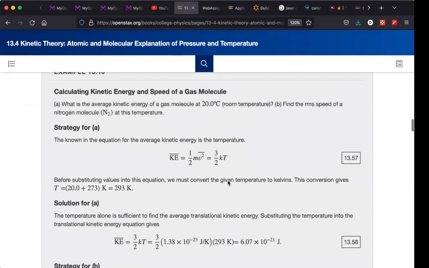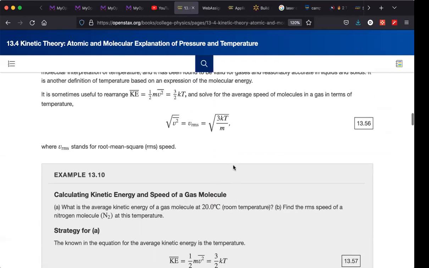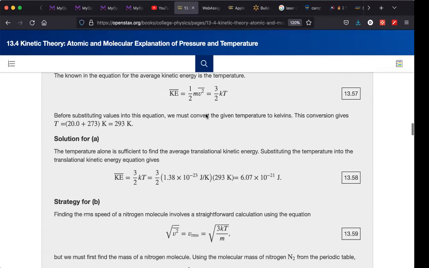So this right here is an equation to remember: the average kinetic energy in a gas is 1/2 mv squared of the average velocity of the particles, but it's also equal to 3/2 times the K constant, Boltzmann constant, times temperature. And it's also good to remember the average velocity equation, which is this one here. Those are two very important equations.